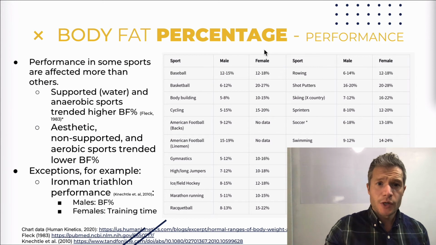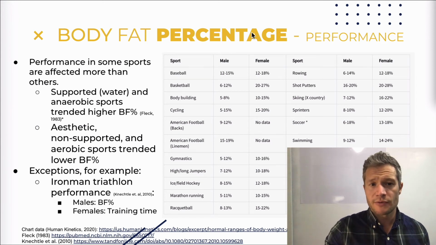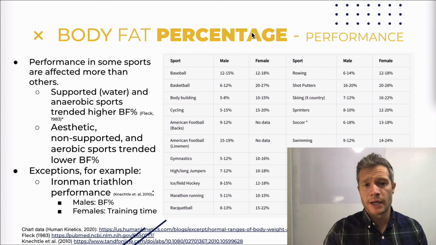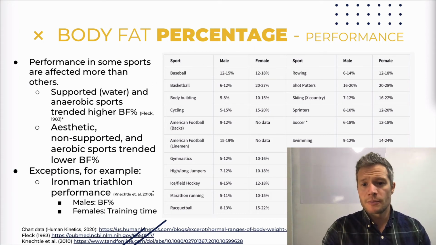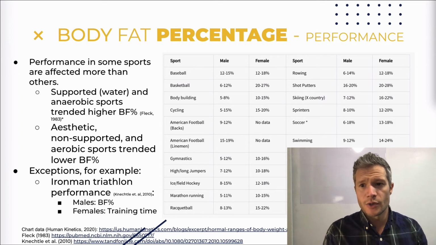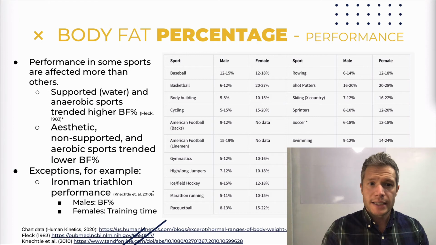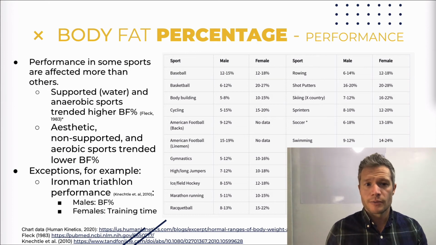Okay, so we won't look too much at the difference within each sport between men and women. But our first comparison I just wanted to point out would be between aerobic and anaerobic. So taking a look at, say, a sport like shot put relative to marathon running.